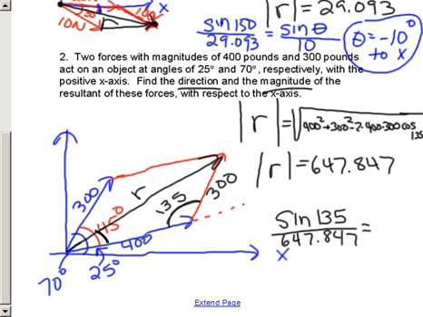We're going to want to find that angle, and then what do we have to add to it to get from x? 25. So you have to find that angle, but then add 25 to it, and that will be your angle from x. Like that. So find this angle right there, if I draw my triangle.